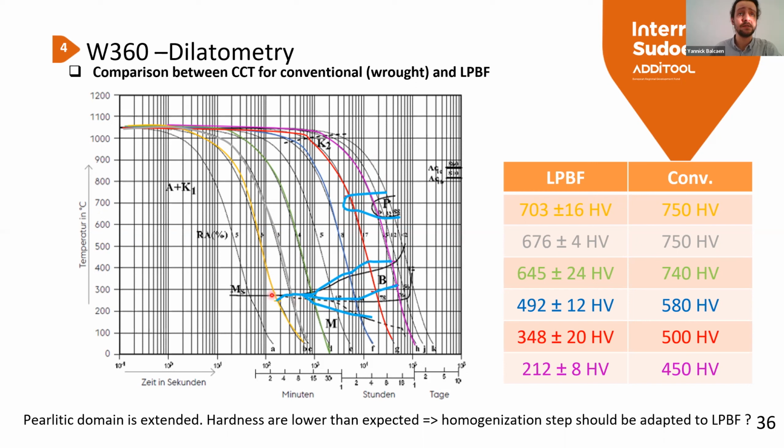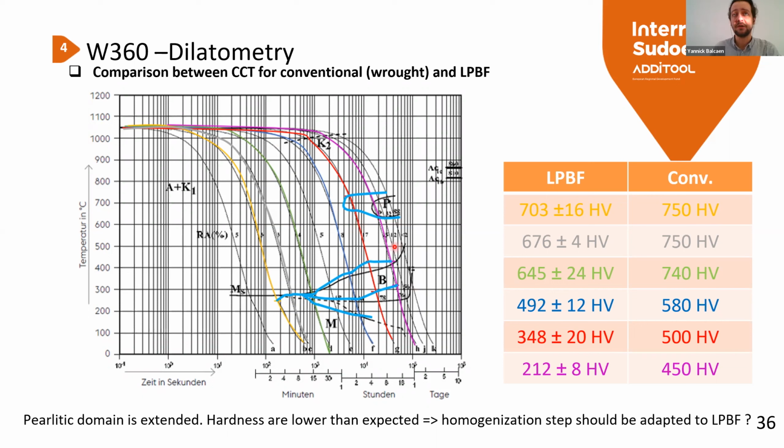The martensite start is the same as the wrought material. The bainitic transformation is very comparable to the wrought material, but on pearlitic transformation here we have modification of the pearlitic transformation domain, with a low level of cooling rates.